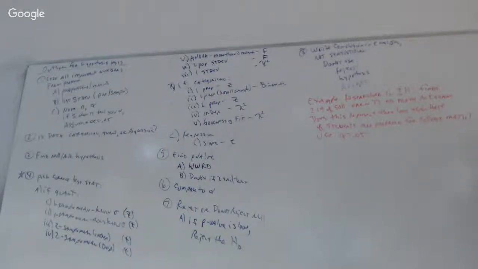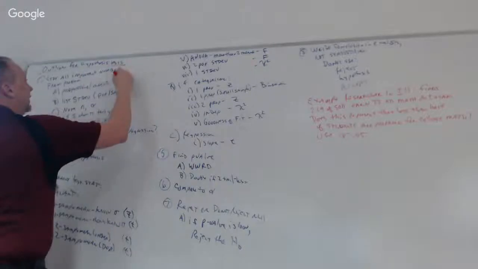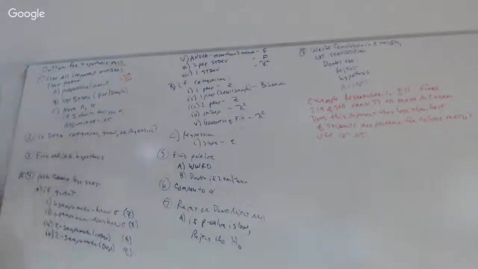What do you think, Mackenzie? Okay, it looks like we're talking about proportions. Do you see any proportions in the problem? 219 out of 500, okay? So something equals 219 out of 500. What is that something?